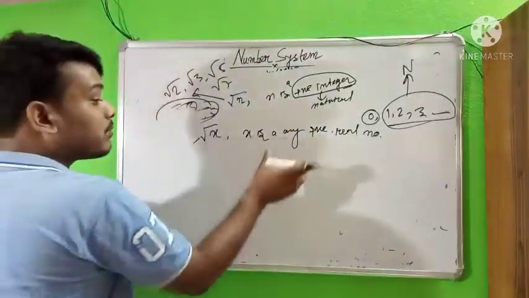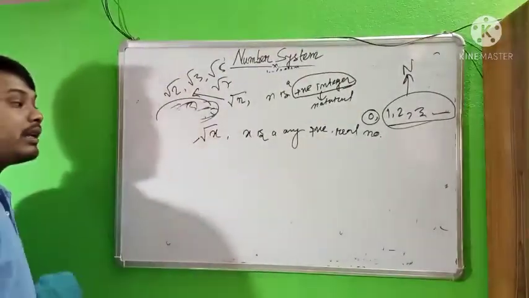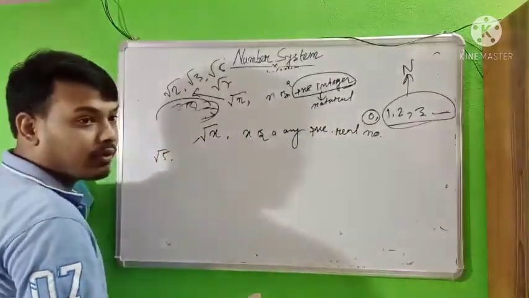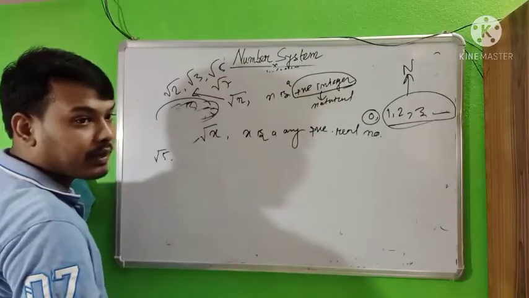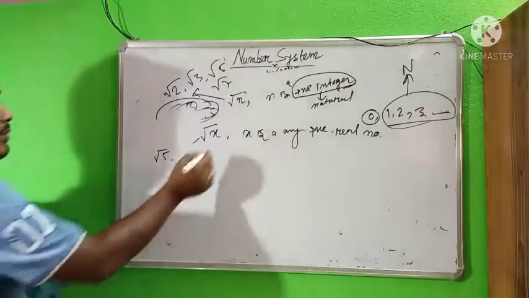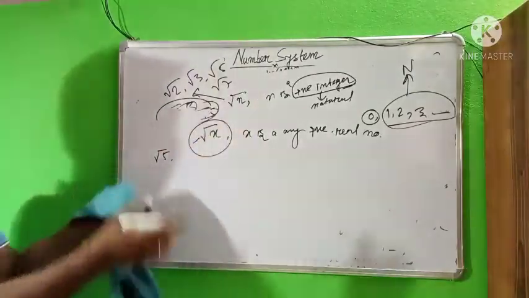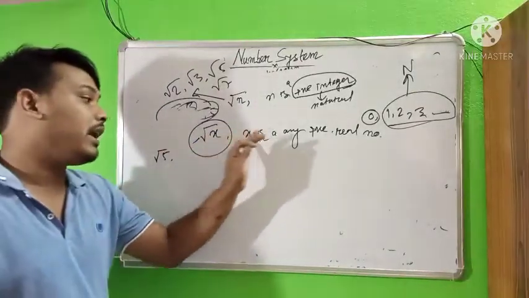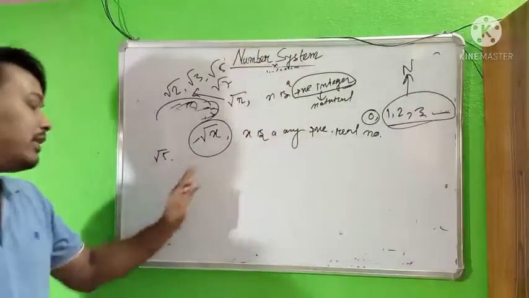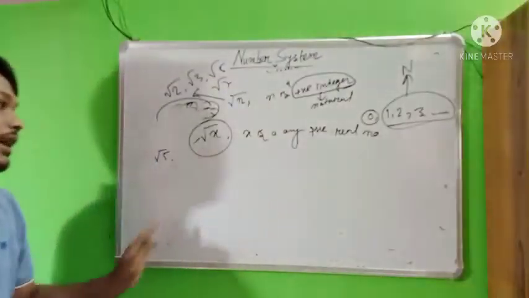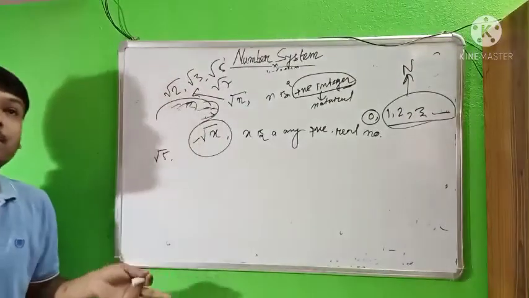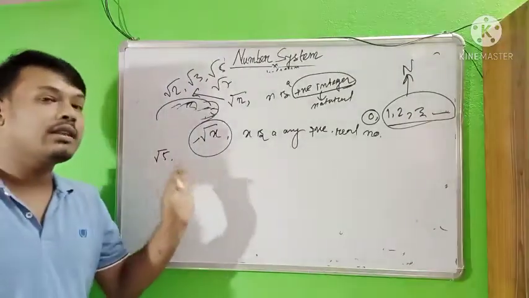By using this process we can find any root value: root over 5, root over 3, root over 9.3, root over 7, root over 7.5, root over 11, root over 11.5, whatever. So it is a more general case. Now we will learn how to represent root over x on a number line, that means root over 9.3 or root over 5, root over 7.5, root over 11.2, such types of values.